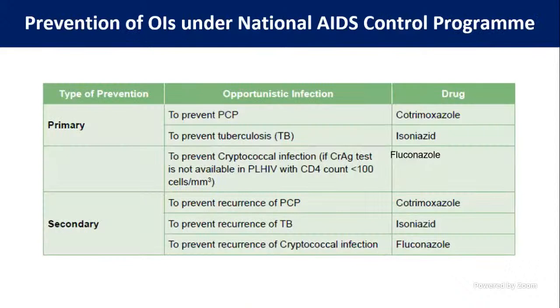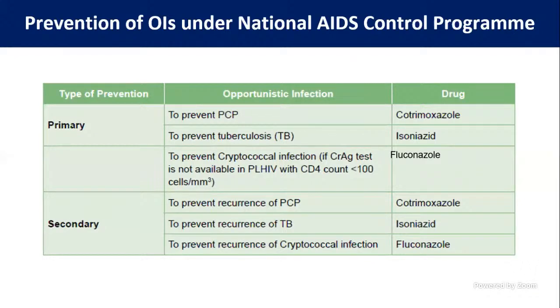This slide shows you the types of prophylaxis we are talking about. Whenever we say primary prophylaxis, in the previous slides we have seen the primary prophylaxis for cryptococcal meningitis, and now again we see a primary prophylaxis for PCP. That is, even before the disease has occurred, we are trying to put in a therapy.